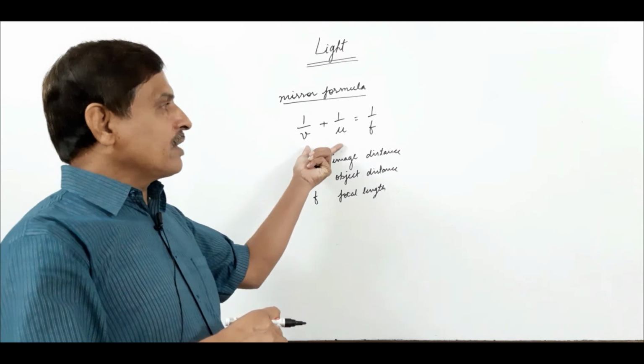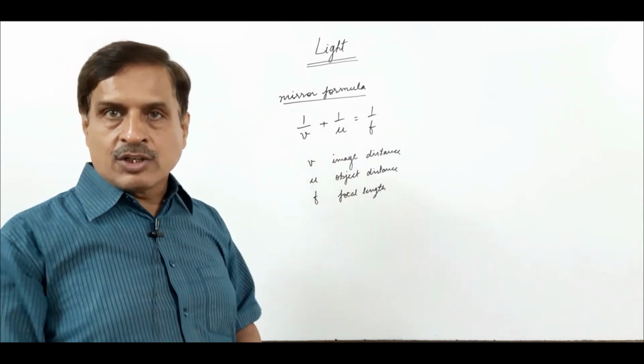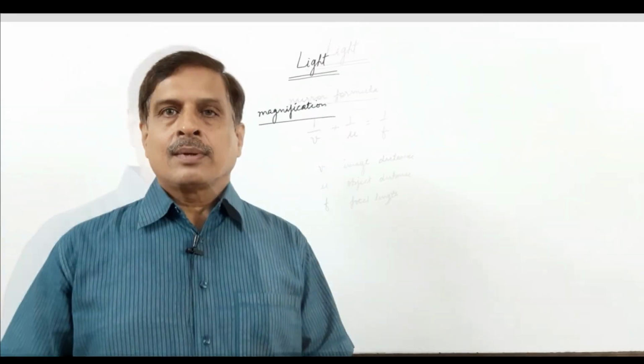If two quantities are given, we can find the third quantity using this mirror formula.